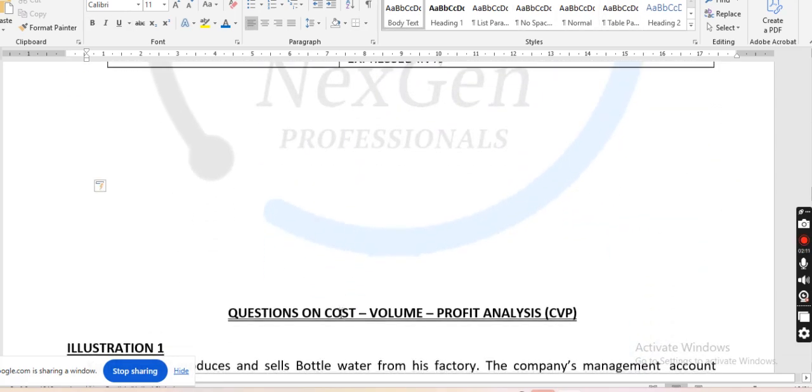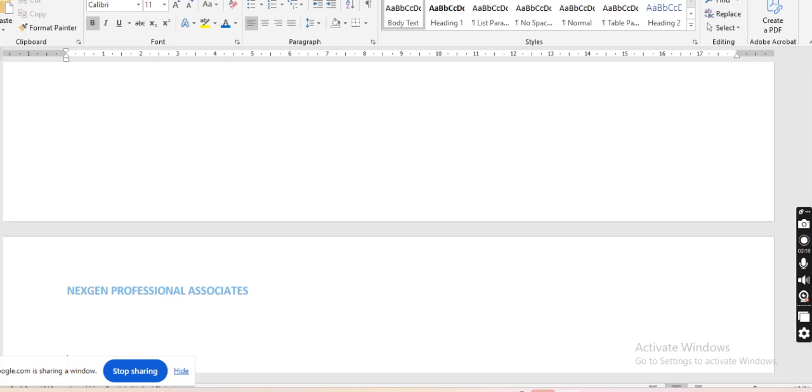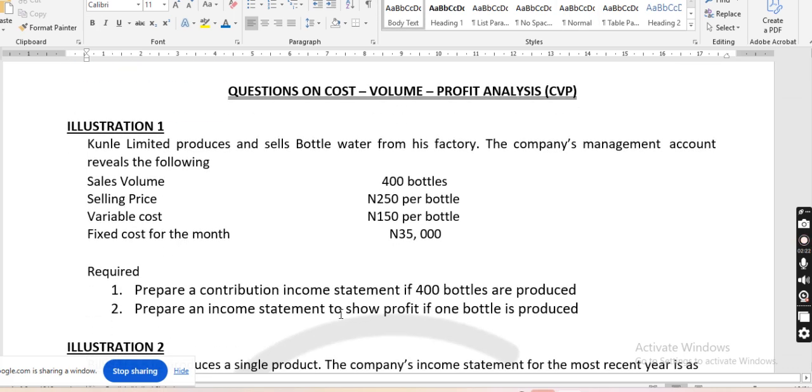Now, if this is established, let's quickly look at questions under a single product. This is one of the questions. Illustration 1. Fully Limited produces and sells bottled water from its factory.